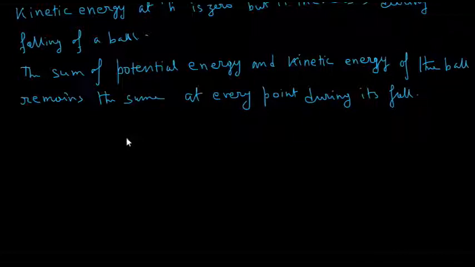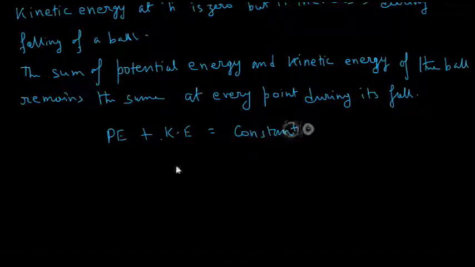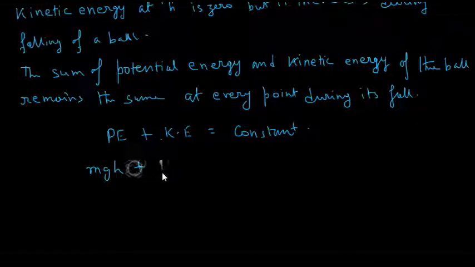So potential energy plus kinetic energy is equal to constant. Potential energy we can write as mgh, kinetic energy we can write as half mv square, and the sum is equal to constant.